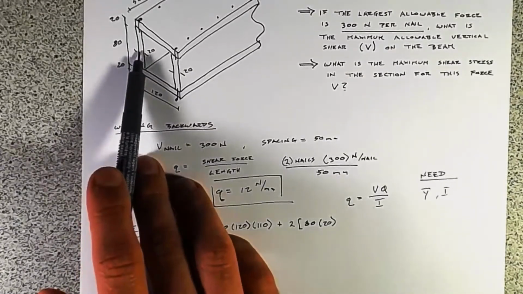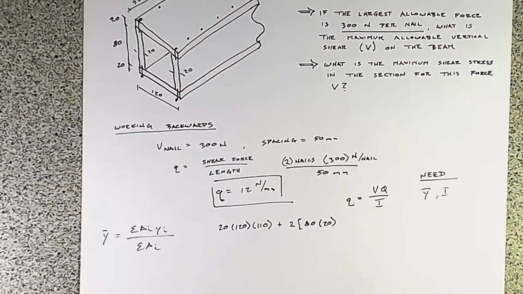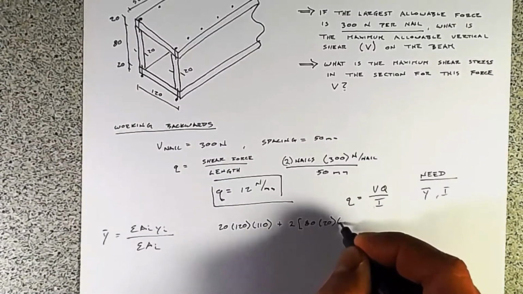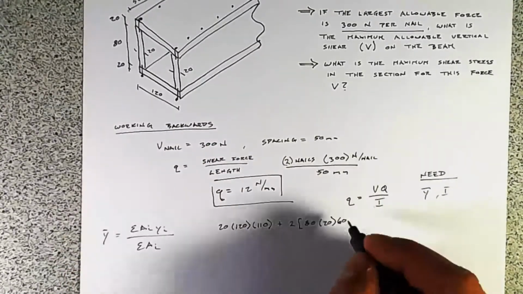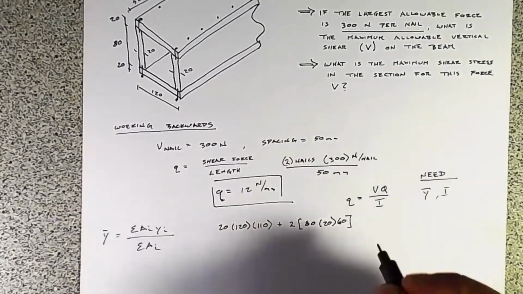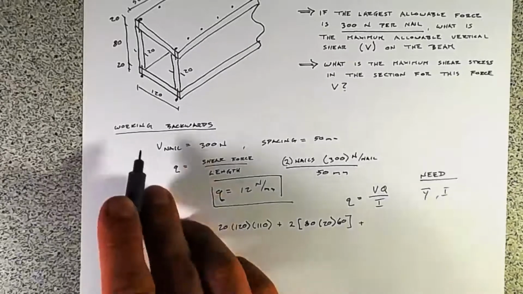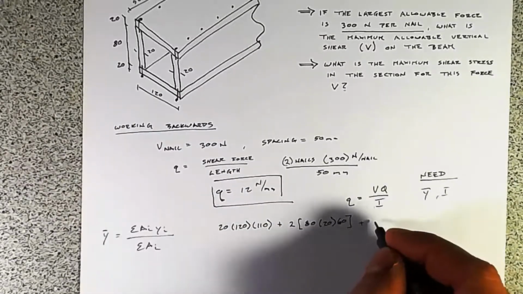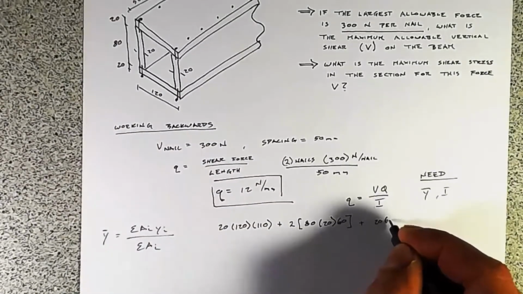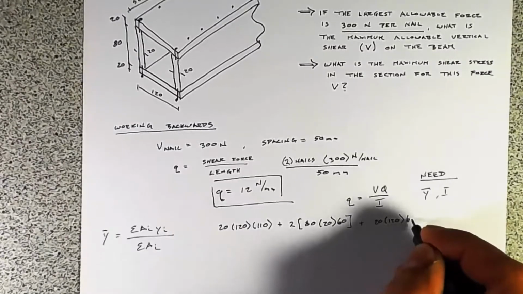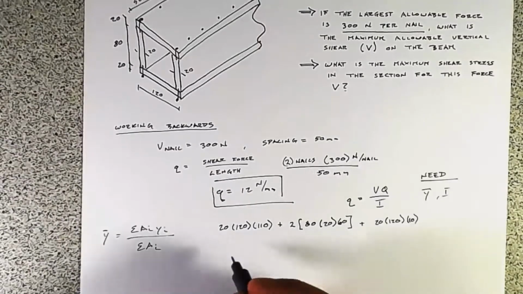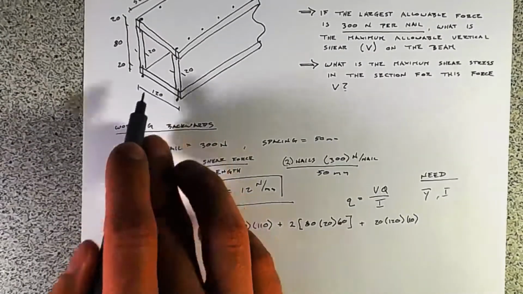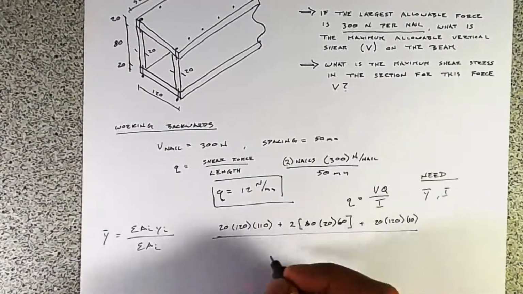The distance of the centroid of this piece will be 60 millimeters from the base here, so 40 plus 20. So we have 2 of those, plus the bottom flange, which is 20 times 120 times 10 millimeters from the centroid to the origin there.